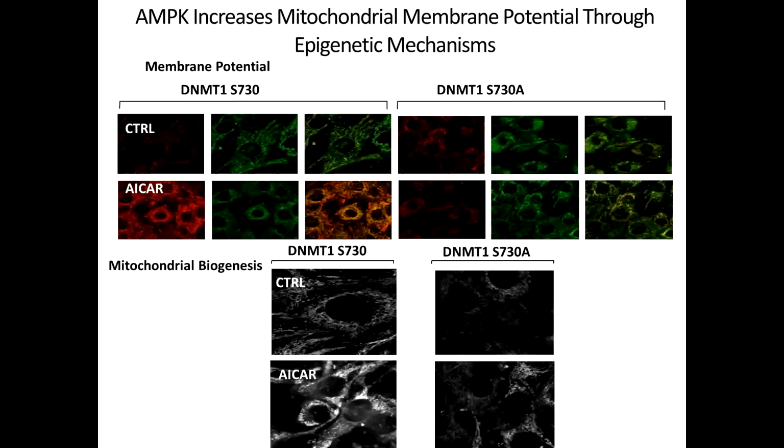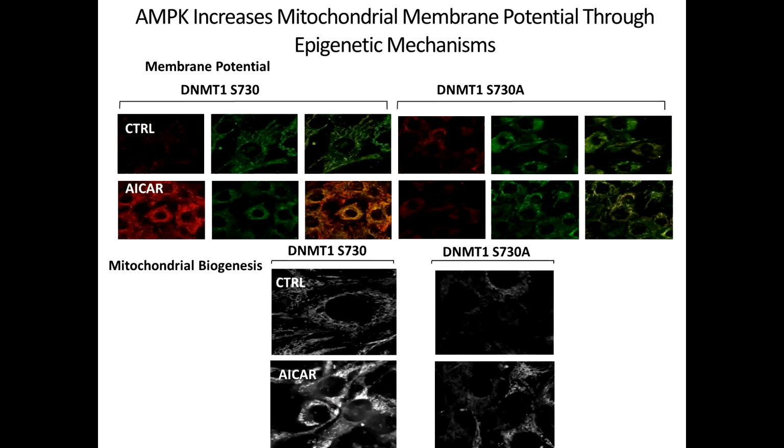If you see the very right column, when we're merging those two pictures together, we have a little bit of yellow, not as much as when we had the DNMT serine 730. So this implies that when we activate AMPK, it phosphorylates DNMT1 to inhibit it from methylating the promoters of the genes important for mitochondrial membrane potential. When we mutate that gene, we don't get the same effect.